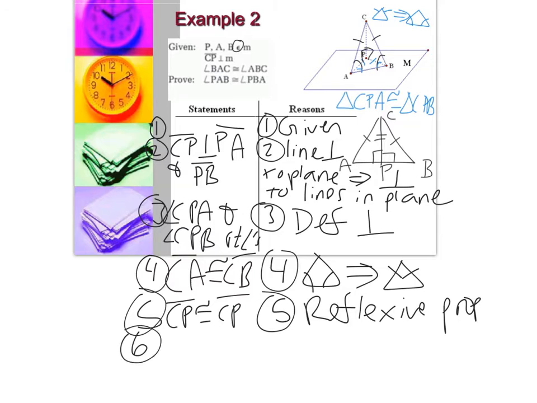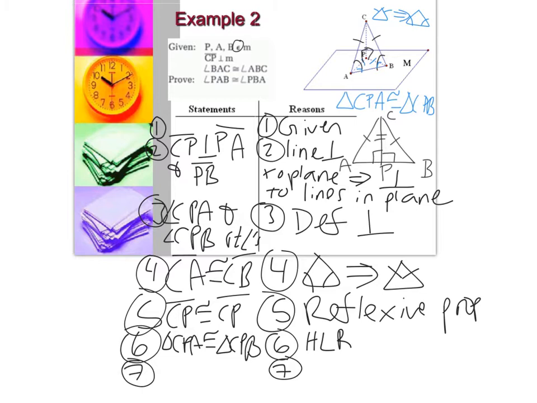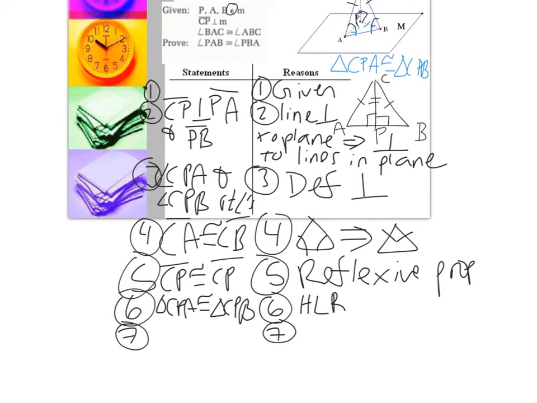Awesome. So from there, I get my triangles congruent by hypotenuse leg right angle. Triangle CPA is congruent to triangle CPB by HLR. Now I can prove PA congruent to PB in order to use if sides then angles to get my final proof.